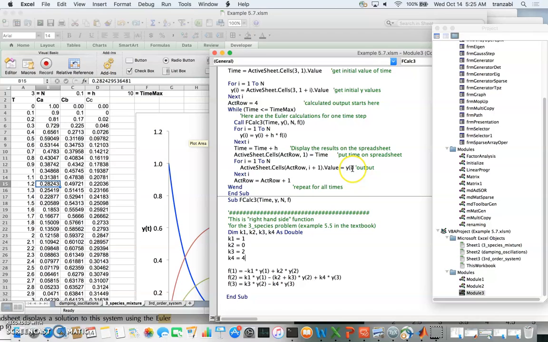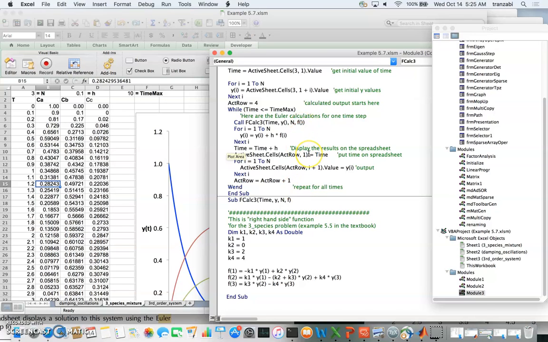We're going to print out the corresponding y values, which could be the concentrations of A, B, and C, the three elements in y. And then we increase the active row by 1. We go to the next row, which is row 5, and repeat the whole process. This process is repeated until time reaches time max, and that's where we stop.